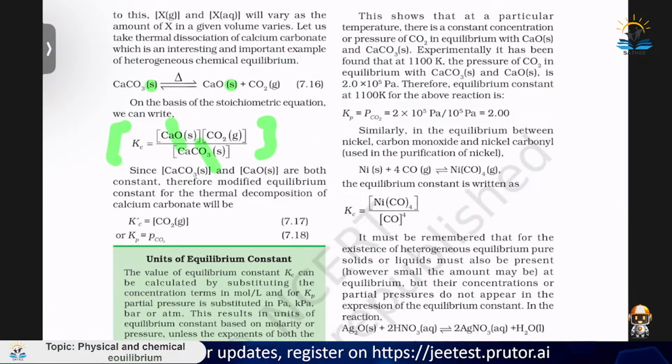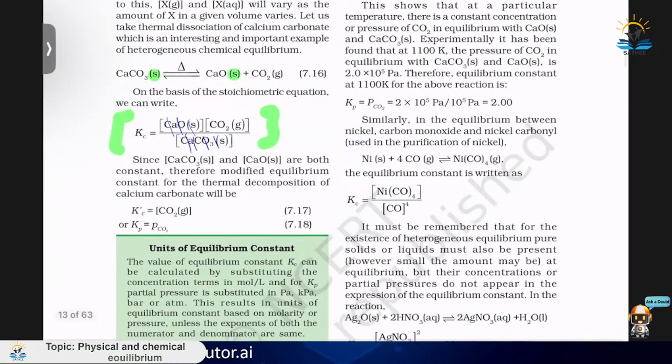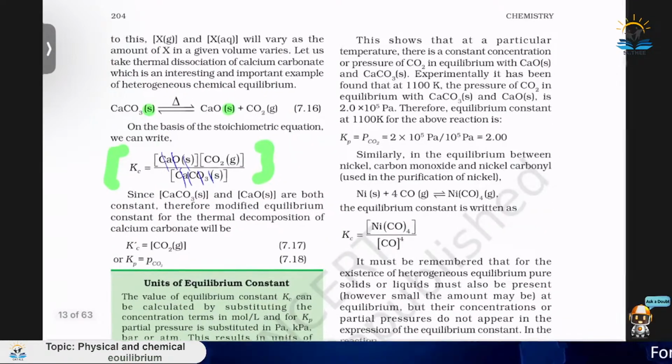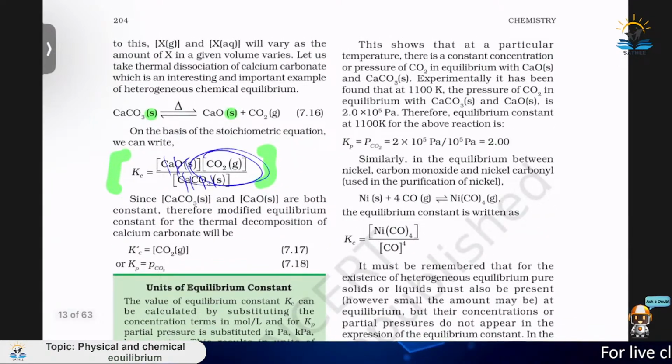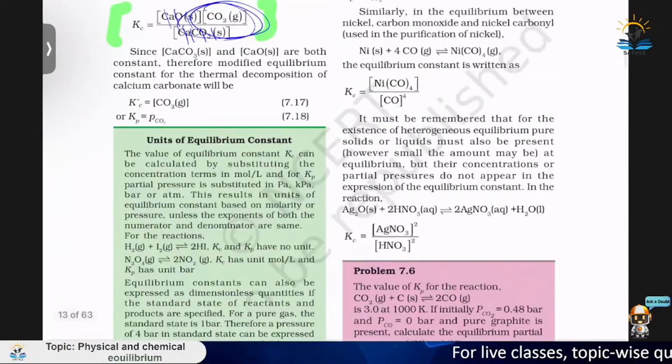Why do you do that? You do that because the concentration change of the solid phase reactant over equilibrium is 0. That is why you need to remove the solid phase reactants. Only the gaseous and liquid phases you'll include in the equilibrium. All right. Let's move on.